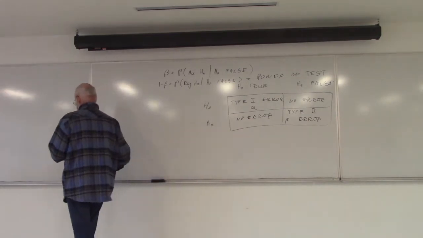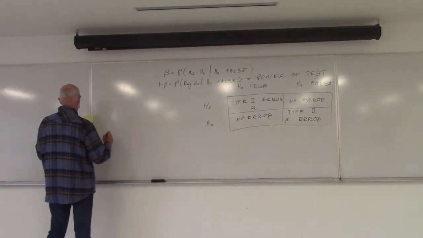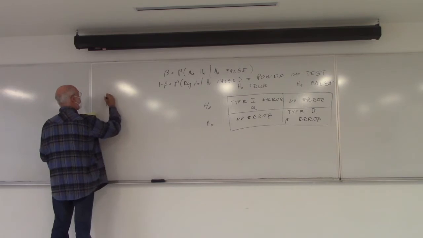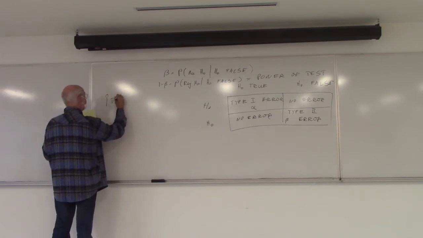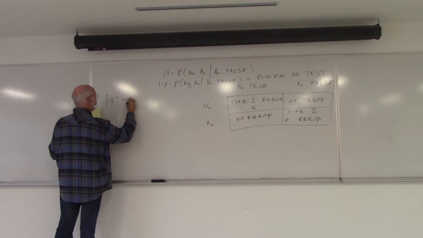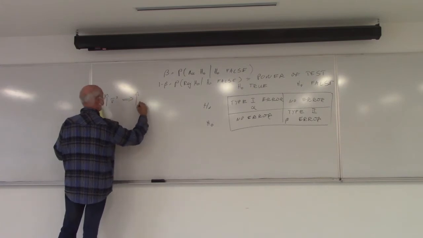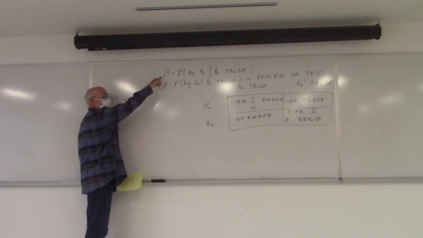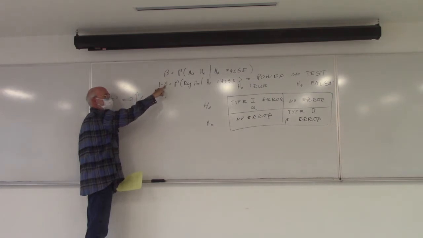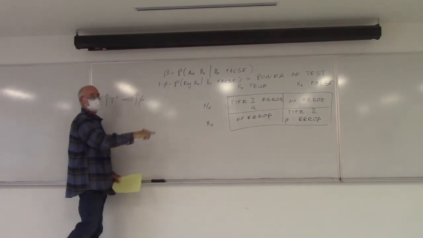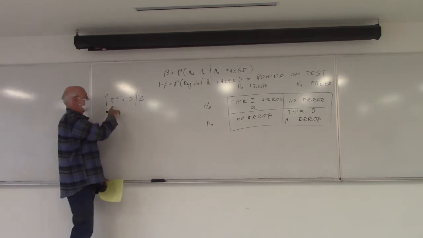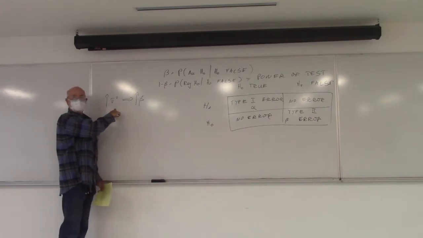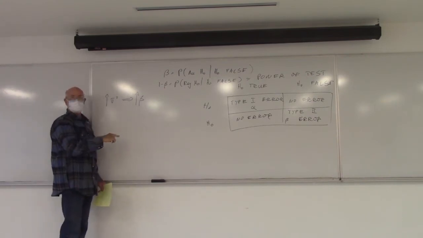All right? The first observation that we can make is that as we increase the variance, then we get an increase in beta. Right? That's the type 2 error. Okay? So as beta gets larger, that means the power gets smaller. So as your variance gets larger, your statistical power gets smaller.